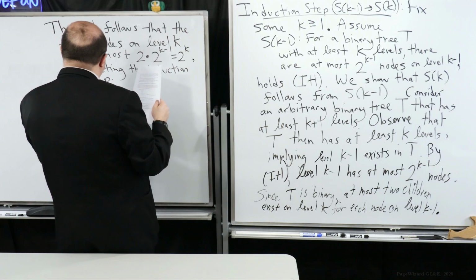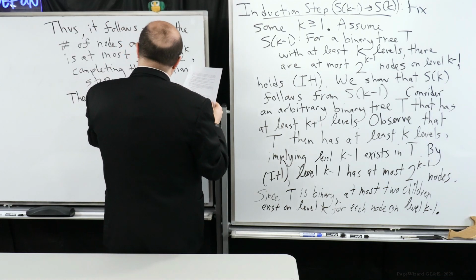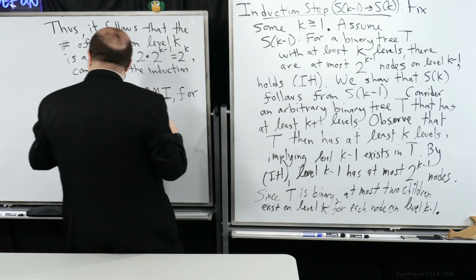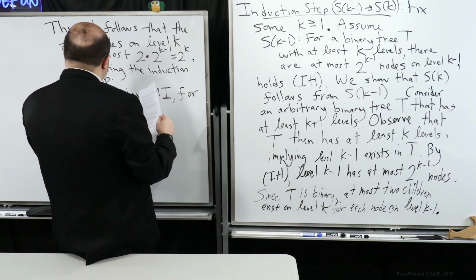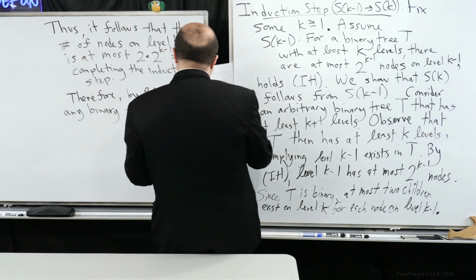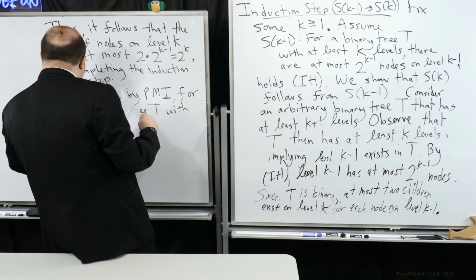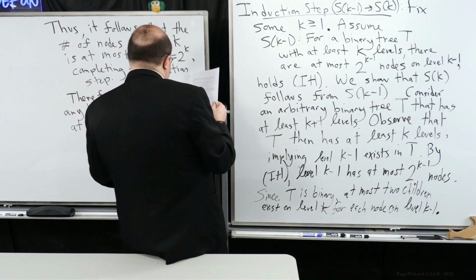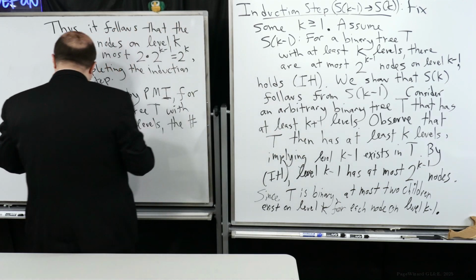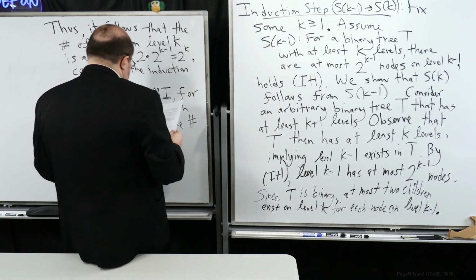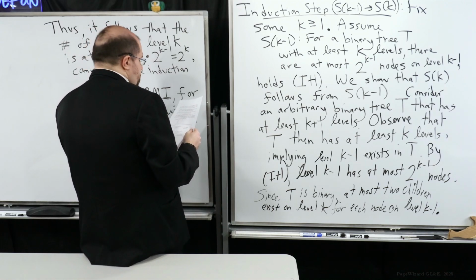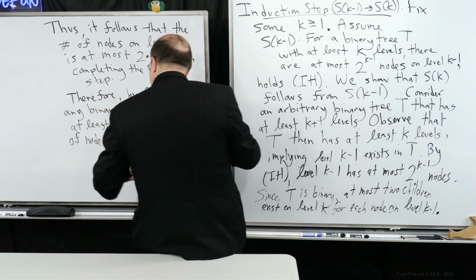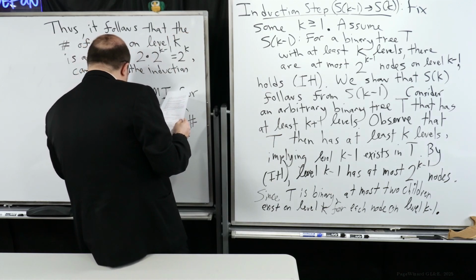Therefore, by the principle of mathematical induction, or PMI, for any binary tree T with at least i plus 1 levels, the number of nodes at level i is at most 2 to the power of i, and that completes the proof.